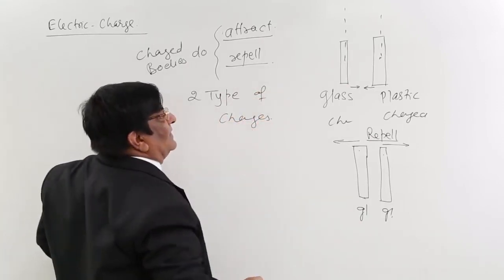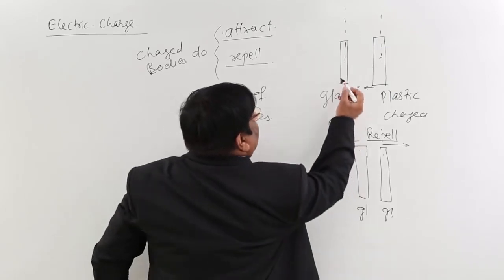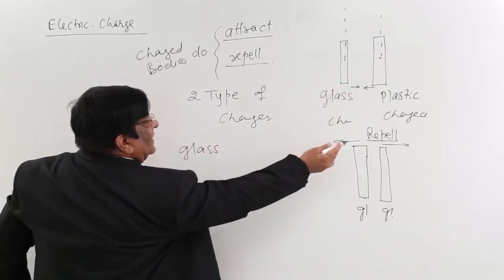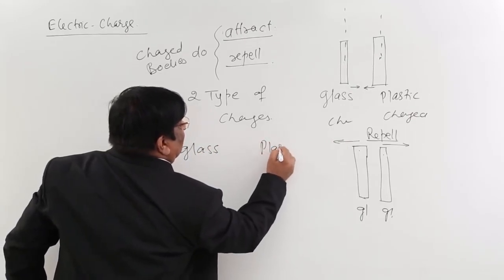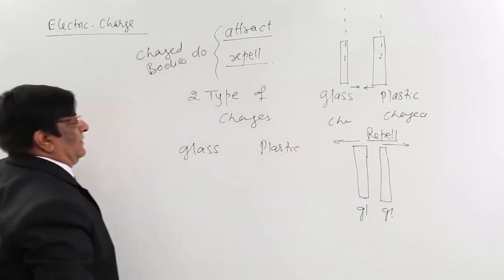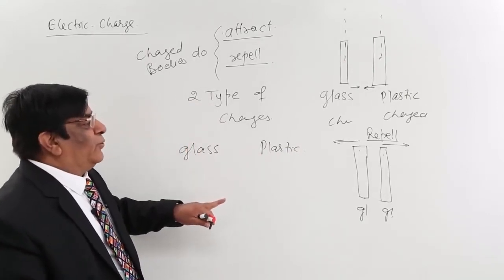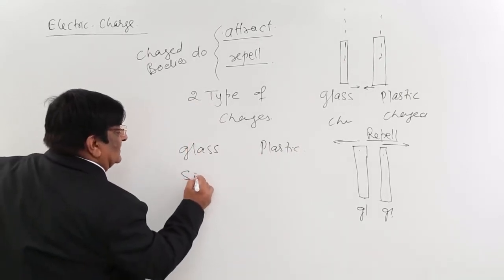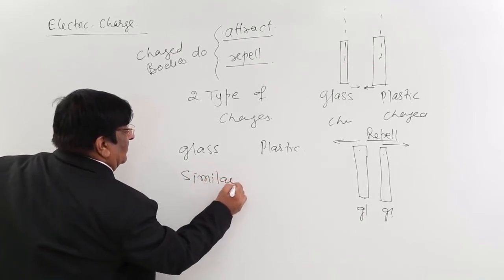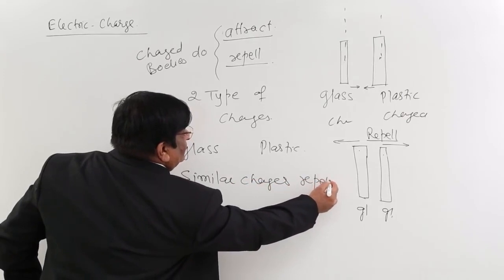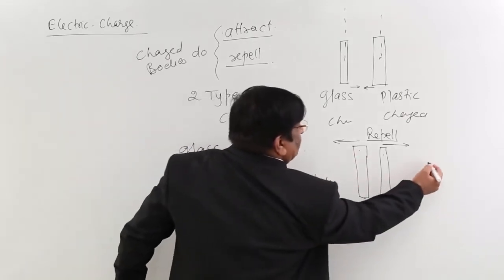Preliminarily, we said one type is those charges which are created in glass, and the other type is those which are created by rubbing plastic. They are the representatives of the two types. And then we made a rule that similar charges repel. In this case, glass repels glass.